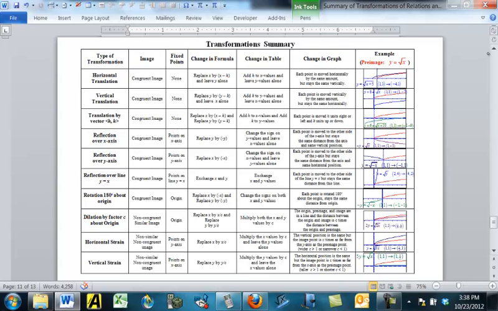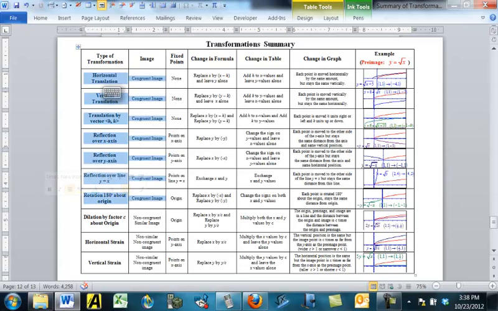Notice we've talked about horizontal and vertical translations, translation by vector HK, reflection over the x-axis, reflection over the y-axis, reflection over the line y equals x, and a 180-degree rotation about the origin. All of these are the ones that give you congruent images.